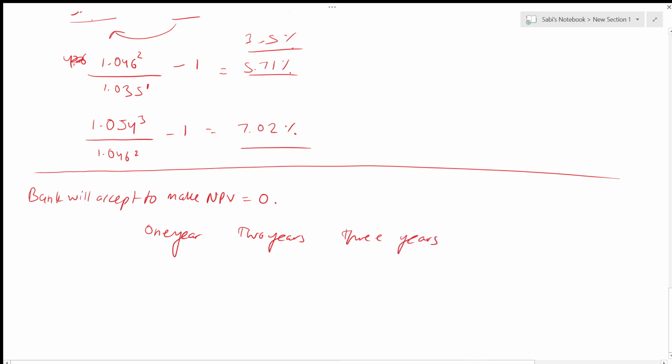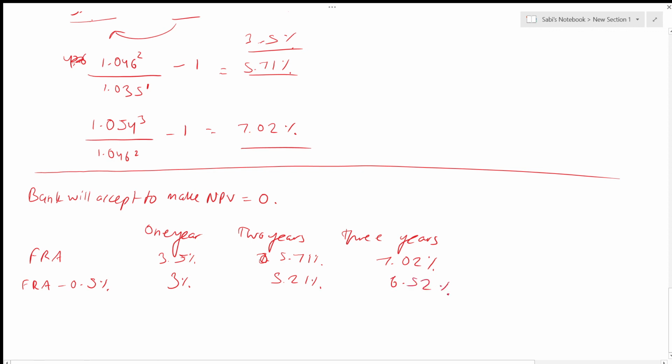The FRA we have just calculated was 3.5%, 5.71% and 7.02%. And here they are saying variable minus 0.5%. What is variable in this case? The FRA. So FRA minus 0.5%. That means 3.5 minus 0.5, 3%. Here it will be 5.21%. Here it will be 6.52%.